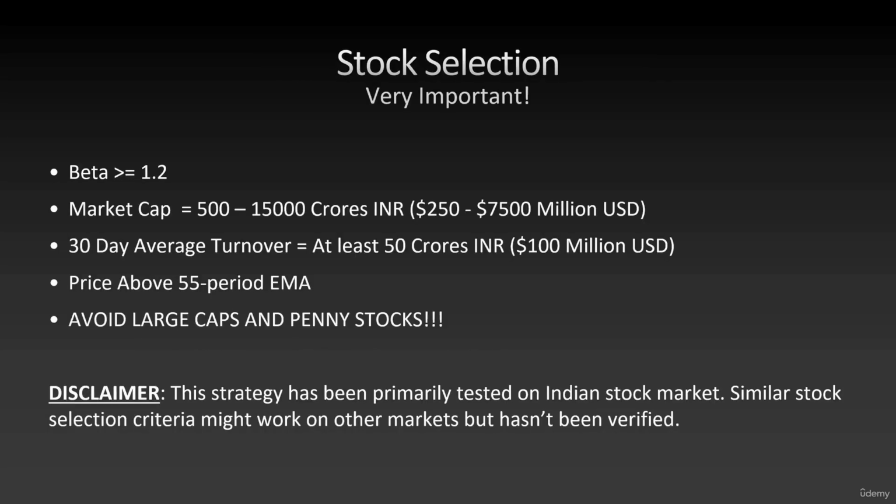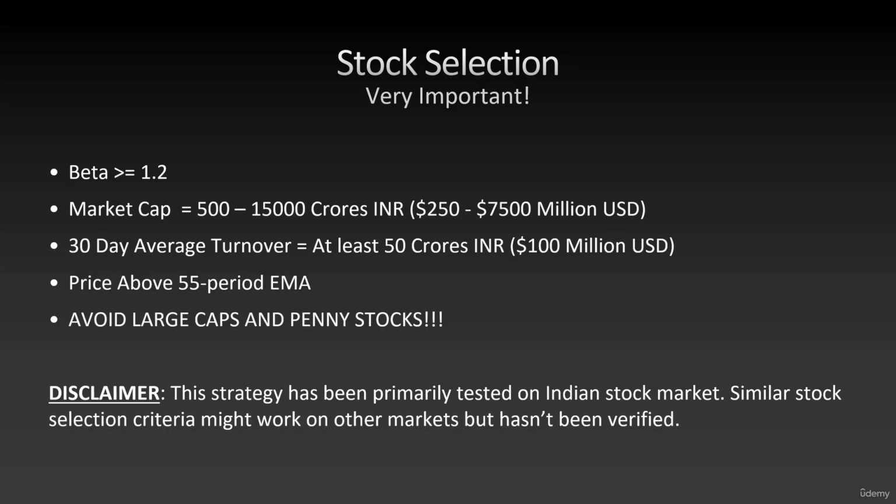Like any other strategy, this strategy also requires that the selection of stocks is suitable for this particular kind of setup. A lot of people fail in trading not because they have a bad strategy, they just don't know which kind of assets or which kind of stocks they should be trading with that particular strategy. Not all strategies work on all kind of stocks, right?